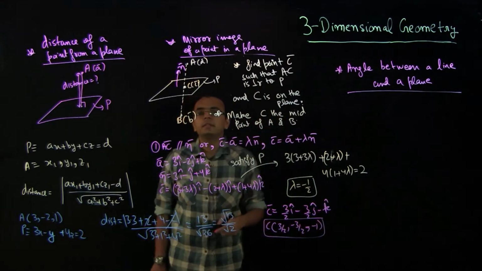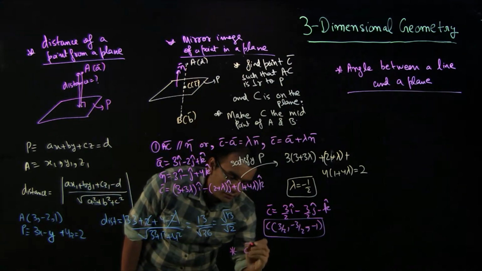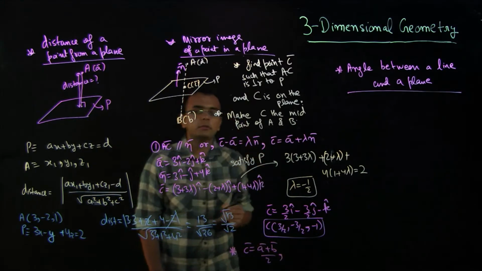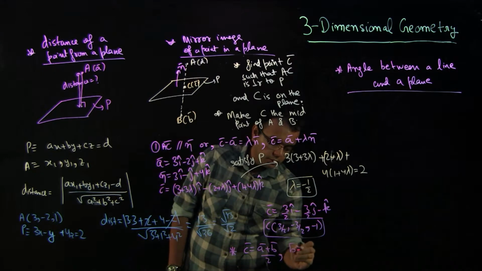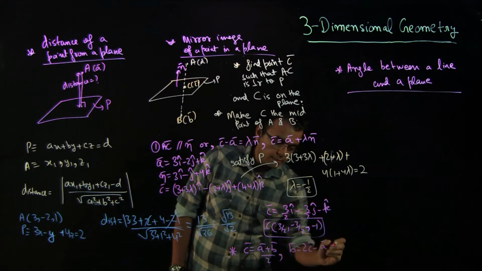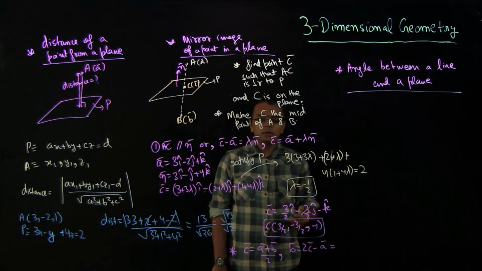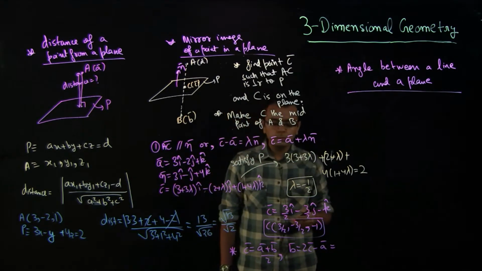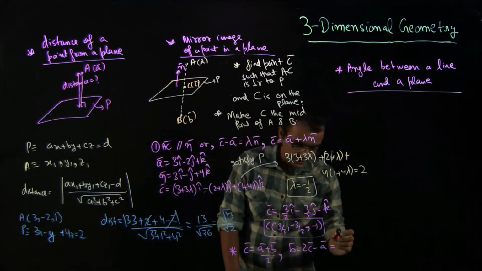Now you have to make this point the midpoint of A and B, right? So C is equal to A plus B by 2, or B is equal to 2C minus A, and if you do 2C minus A, you will realize that the point is 0 comma minus 1 comma minus 3.